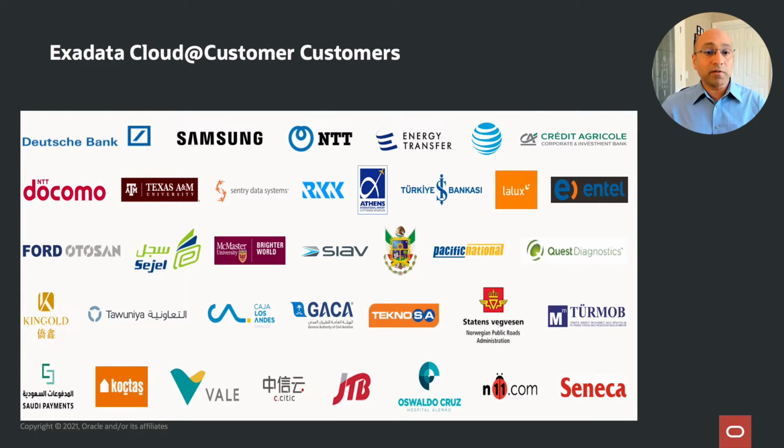As you can see, some of the logos here are marquee customers across the enterprise. Some of the biggest financial services companies like Deutsche Bank, some of the biggest semiconductor companies like Samsung, or telcos like NTT, Higher Ed like Texas A&M or McMaster, and many other manufacturing and retail companies, all running their mission-critical workloads on Exadata Cloud Customer.